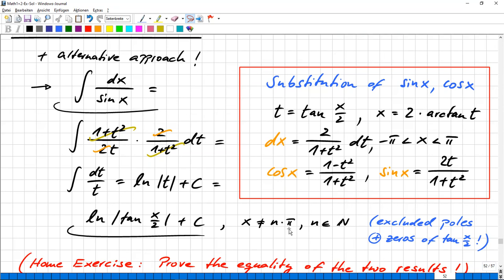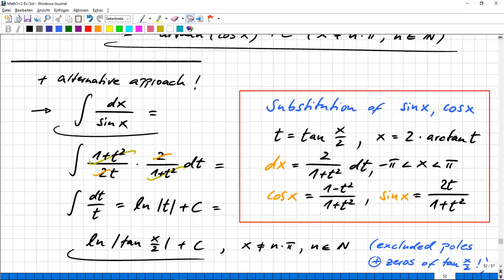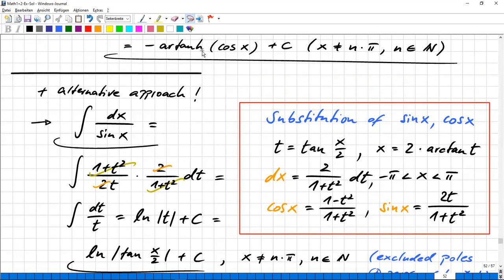But now, why did I tell you this? Because it's a good hint that this is a valid primitive function also, because if you compare with our previous result, these are two obviously rather different expressions. It's really a hard task to show that this function in the end is exactly the same as this one.